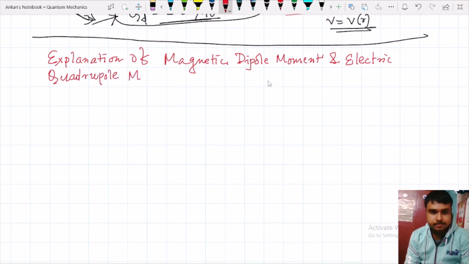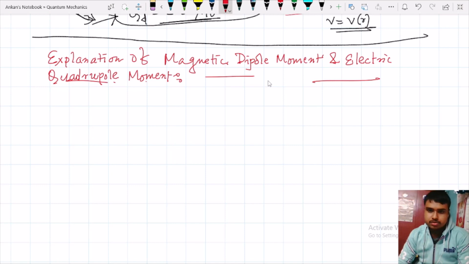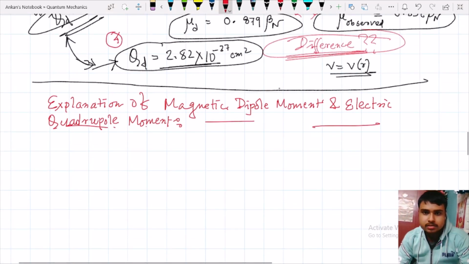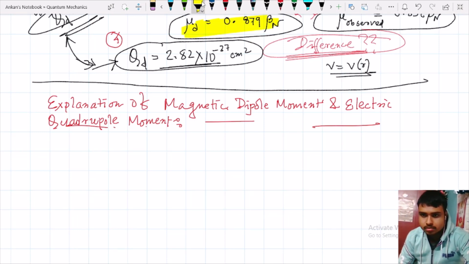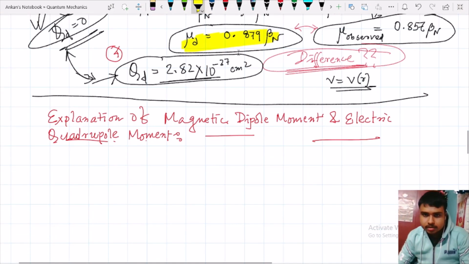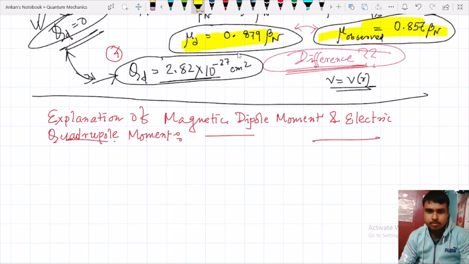Whatever we observe, there is a difference between the observed and calculated magnetic dipole moment, and the non-zero quadrupole moment, which is the cause of our headache. So we are going to explain the reason behind these discrepancies.